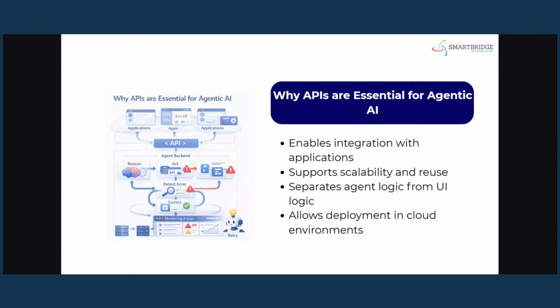They allow services to communicate regardless of where they are hosted. So when we say APIs are essential, we are saying they are the foundation that makes agentic AI practical, scalable, and safe. Okay.